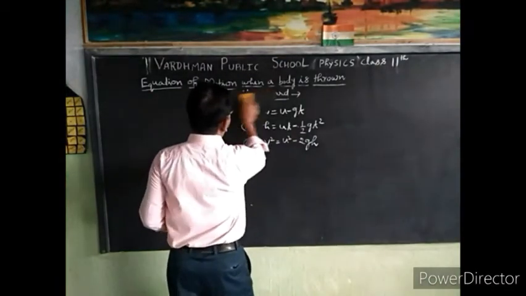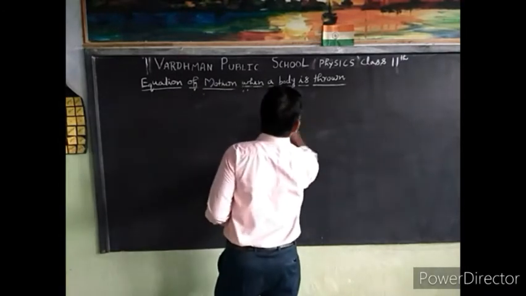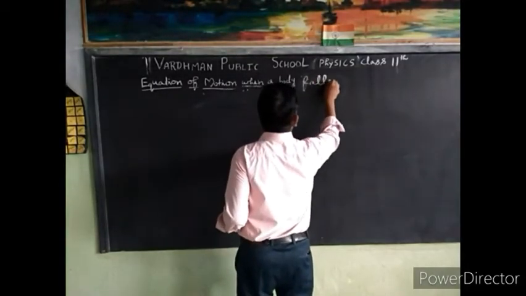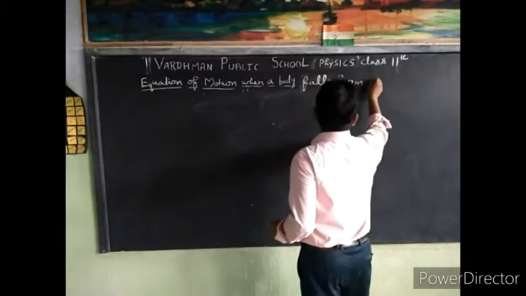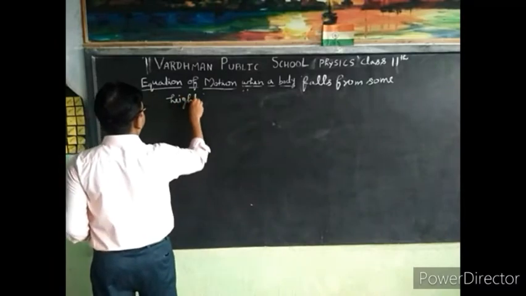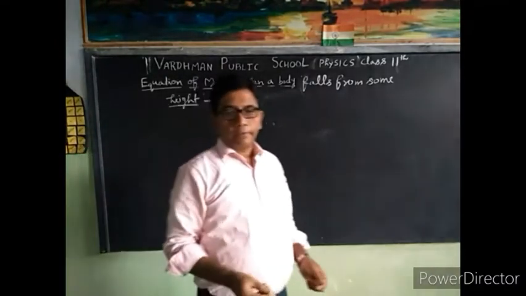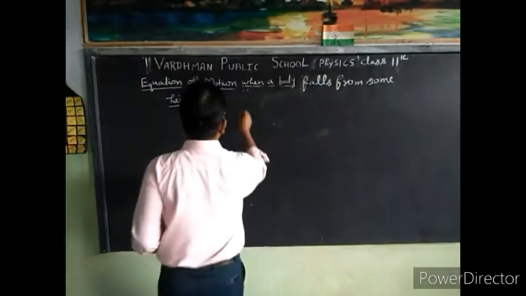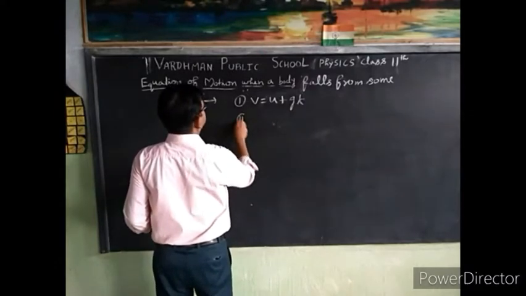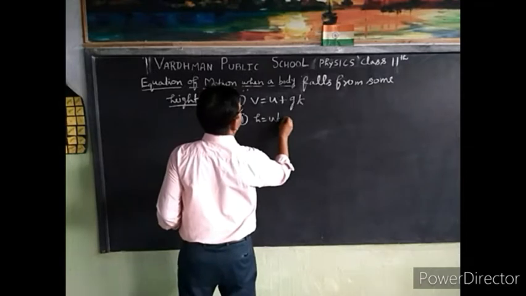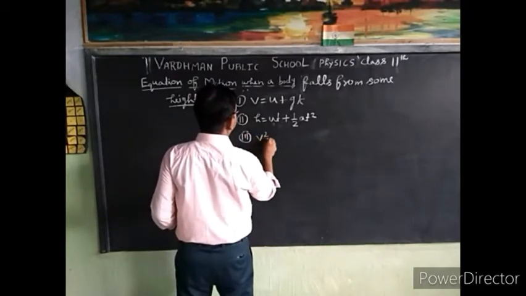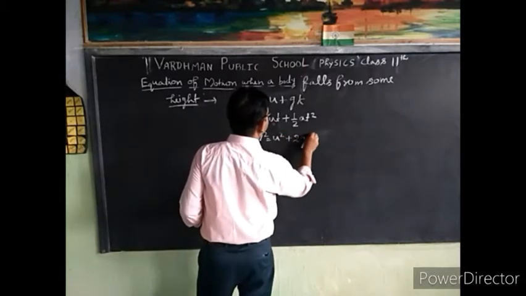Now when a body falls from some height, then the first equation becomes v equals u plus gt, the second becomes h equals ut plus half gt square, and the third becomes v square equals u square plus 2gh.